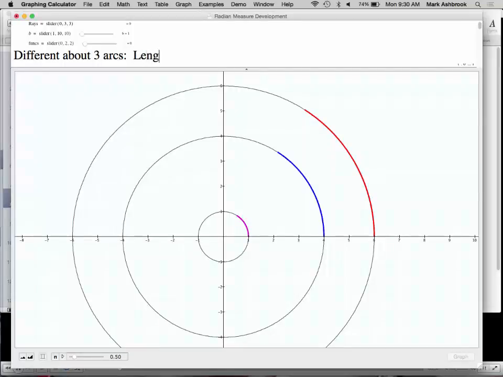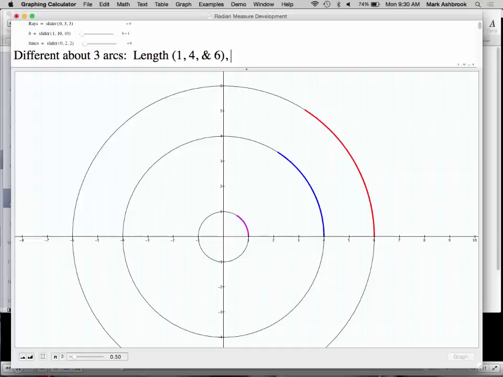Length. Okay, the first one is 1, second one is 4. Certainly the length of each arc is different. Good. Anything else that's different?